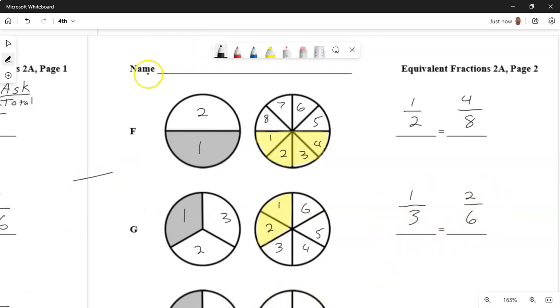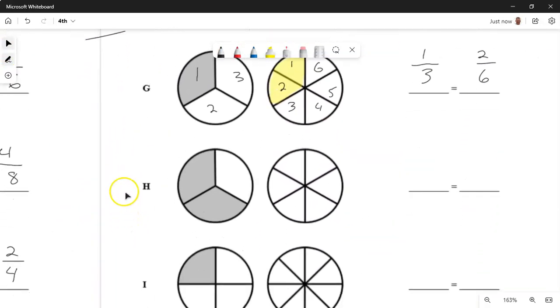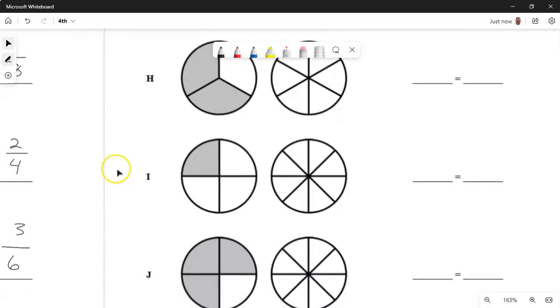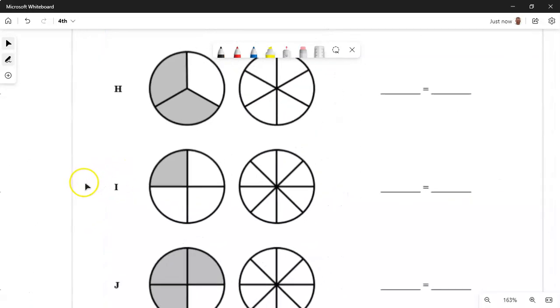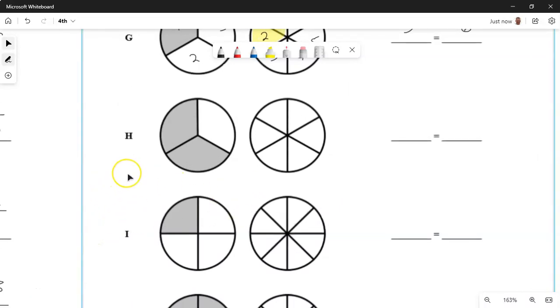Okay, we're going to scoot up and look at H and I. On this one I have 2 parts shaded. So my numerator is going to be a 2 out of 3 total parts. So that's 2/3.